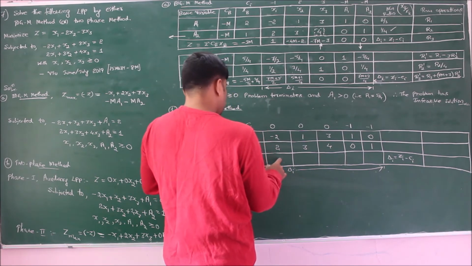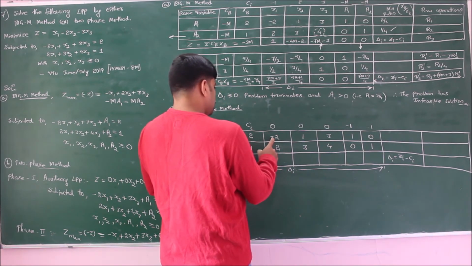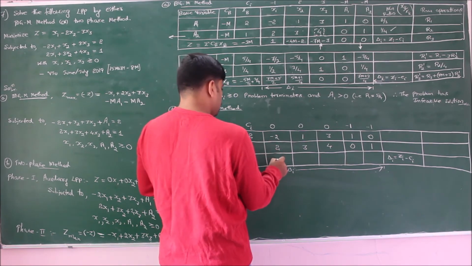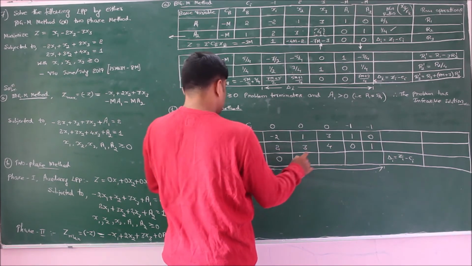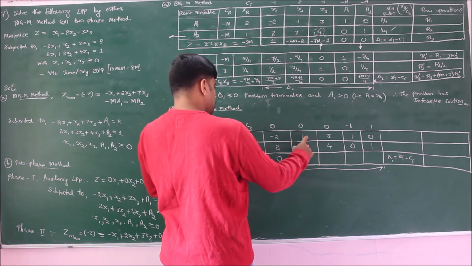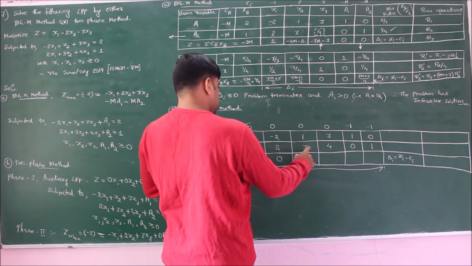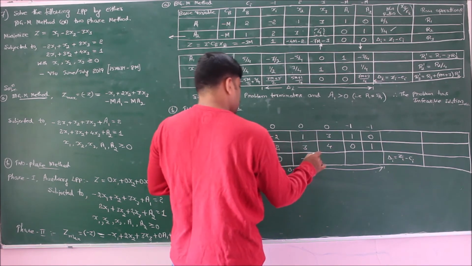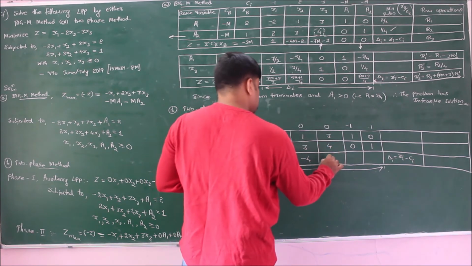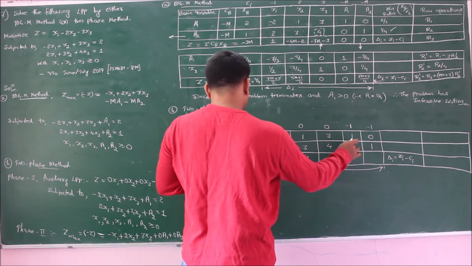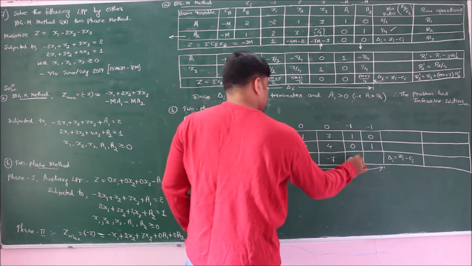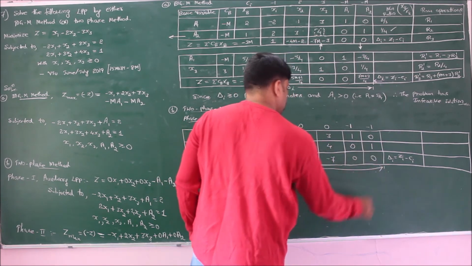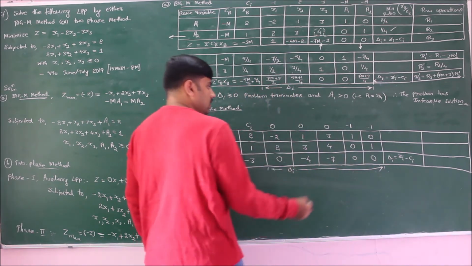Here we will get the value as minus 2 into minus 1 is plus 2, plus 2 minus 2 will become 0, 0 minus 0 is 0, 1 into minus 1 is minus 1, minus 3, minus 1 minus 3 is minus 4, minus 0 is minus 4. Here I will get minus 7, here I will get minus 1, plus 1 will become 0, minus 1 plus 1 will become 0.